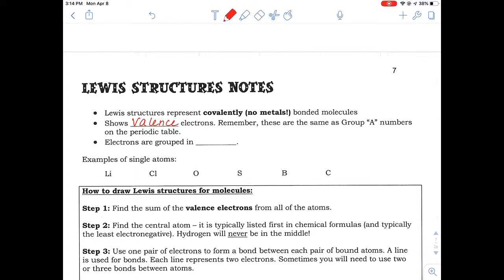So the first family has one valence electron, the second family has two valence electrons, and so on. The electrons are grouped in pairs, and everybody wants to get 8, which we call an octet.